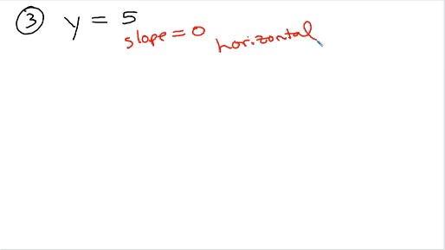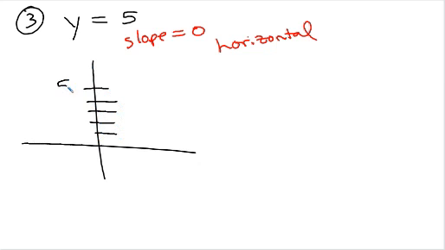There's no work to do on this one other than the graph. The slope is 0. It's horizontal. Its y-intercept is 5. All you have to do is draw a horizontal line through 5 and recognize that the slope is 0. If it's a flat horizontal line, the slope is 0.